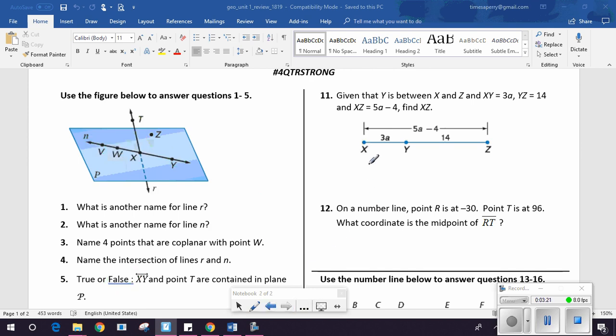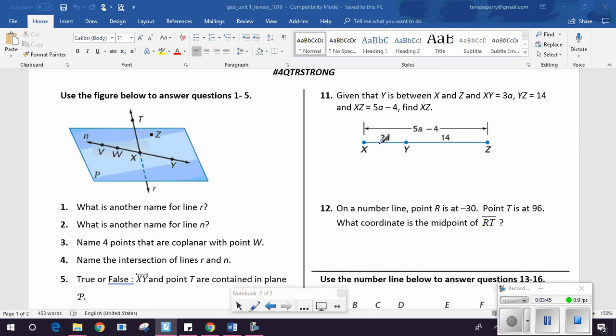All right, let's look at number 11 while we're up here. Given that Y is between X and Z, XY is 3a, YZ is 14, and XZ is 5a minus 4. Find XZ. So the first thing we need to do is take this picture and write our geometric equation.